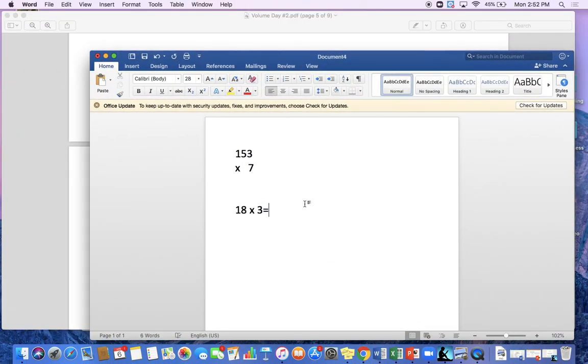If not, you should have gotten 54. One way that I did this was I did 20 times 3 because I can do that in my head. And 20 times 3 is 60. Then I took away 2 groups of 3, because 20 minus 2 is 18. So I took away 2 groups of 3, which is 6, and then I got 54. And don't forget cubic feet as our label.